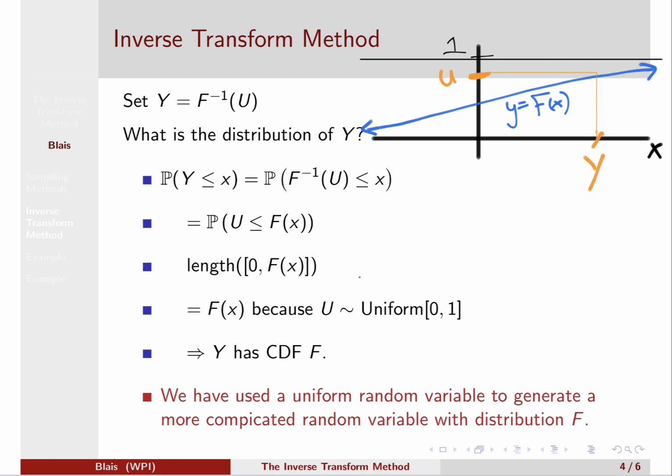So when you have a cumulative distribution function that you can invert, you have this very nice method where you can use these uniform 0, 1s to generate random variables that have the distribution specified by F. So that's how the method works.